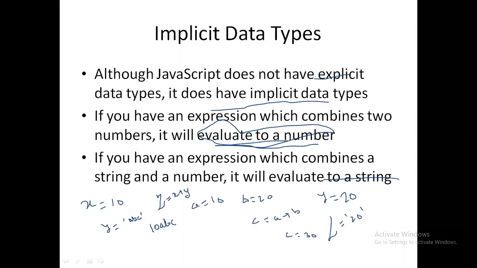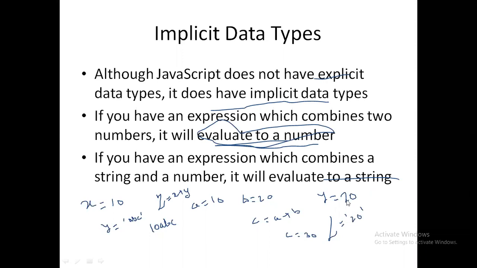So if you see here, these two are different. y is an integer, which takes only digits, but z is not an integer. For us it looks like an integer, but since it is enclosed in single quotes, the computer will treat it as a string value.